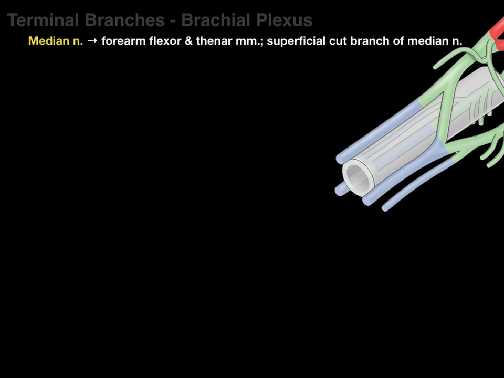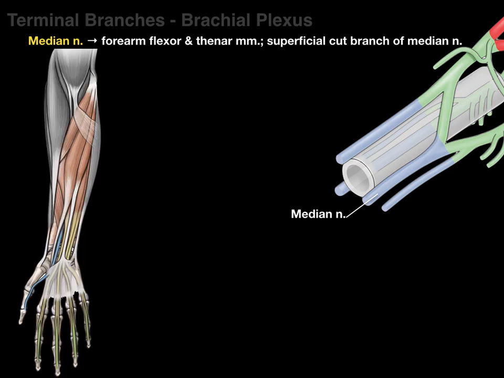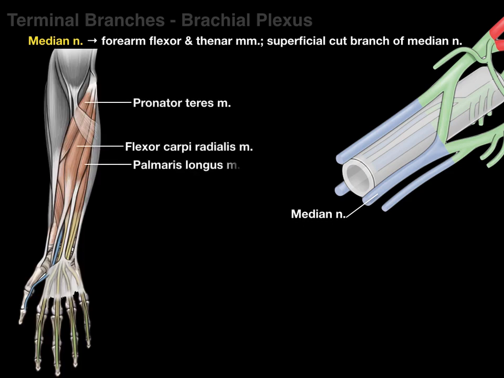Okay, next is the median nerve that innervates the forearm flexors and thenar muscles and has a superficial cutaneous branch. There's our median nerve, and it innervates forearm flexors like pronator teres, flexor carpi radialis, and our palmaris longus muscles.